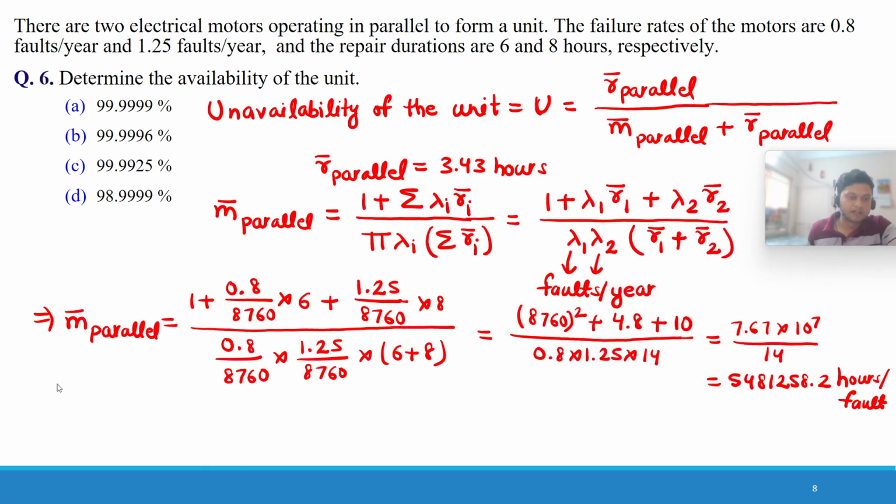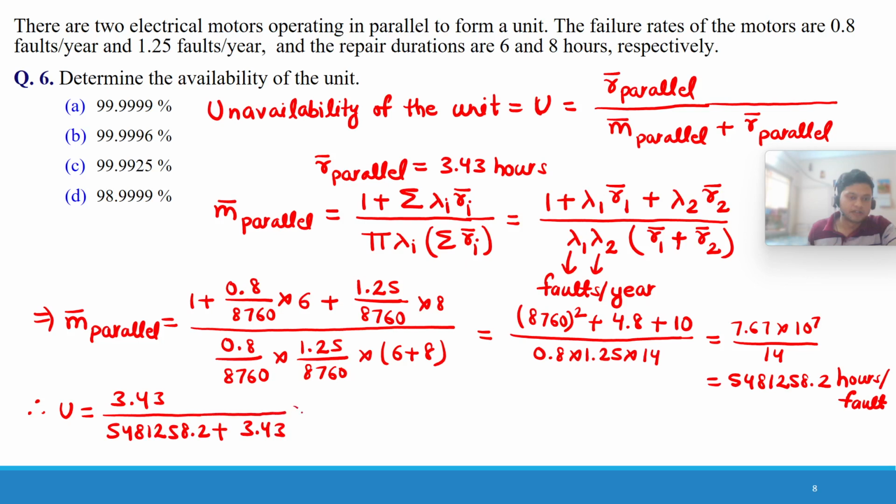Now we will get the unavailability of the feeder. So unavailability of the feeder is R bar parallel, 3.43, divided by 5481258.2 plus R bar parallel, which is 3.43.